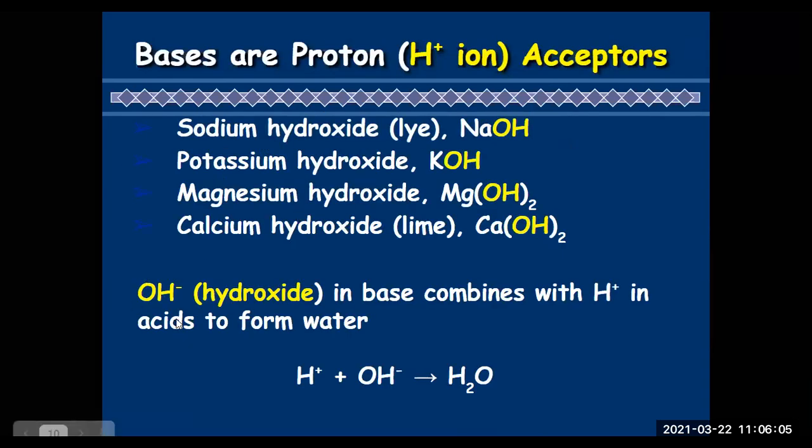So this is a base. The presence of OH is a base. All right. When OH is present in a compound, that means that is a base. A base combines with H plus from an acid to form water.